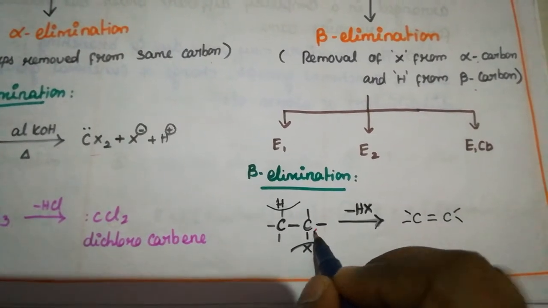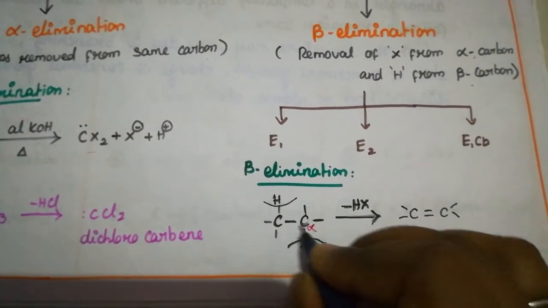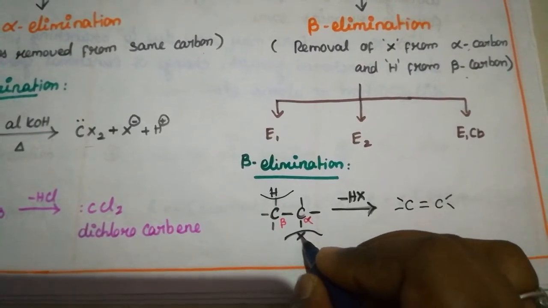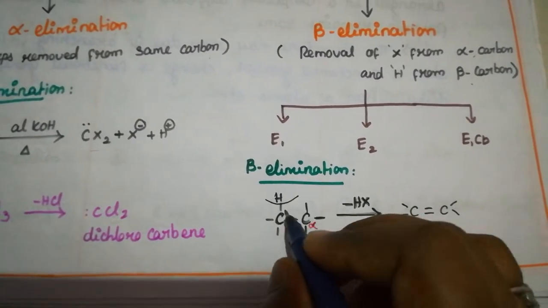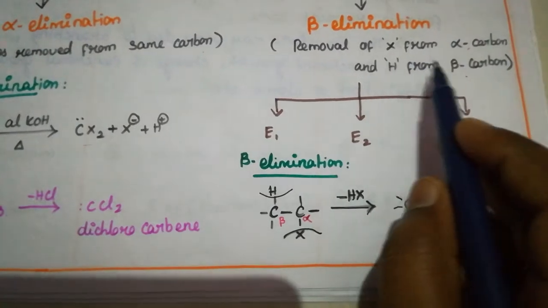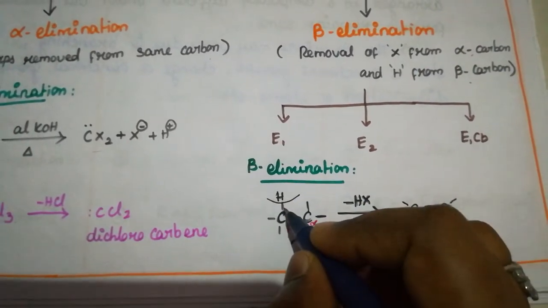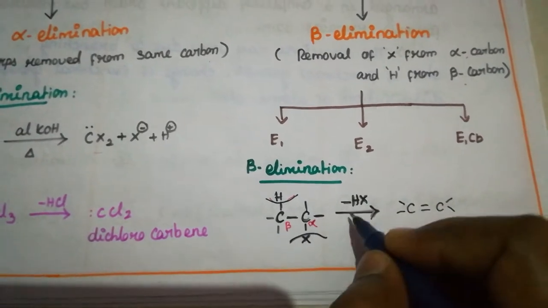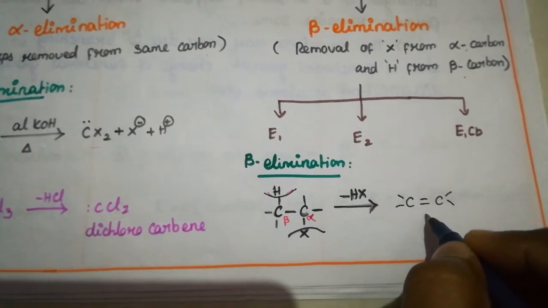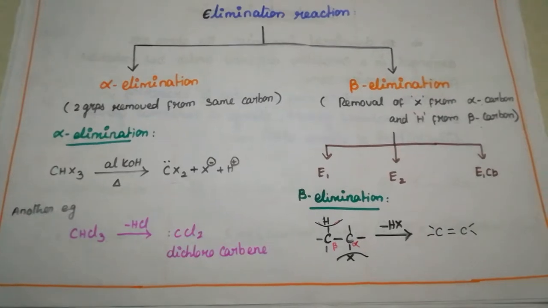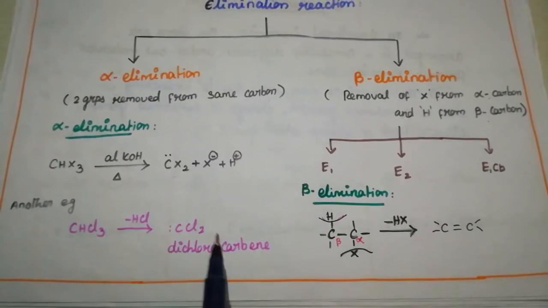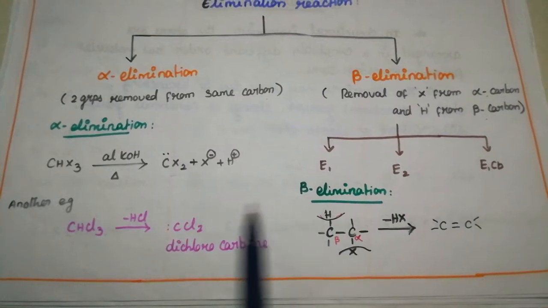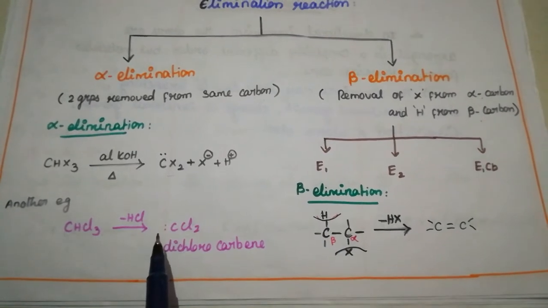This is the alpha carbon and this is the beta carbon. We can remove X from this alpha carbon and hydrogen from the beta carbon to form alkene. The final product in both alpha elimination and beta elimination is alkene.